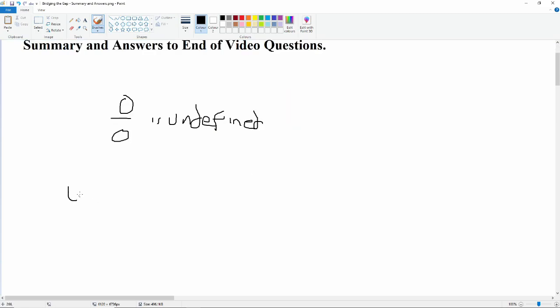But the limit as x approaches 0 of x over x is 1. And in the same way, the limit as x approaches 0 of 2x over x is 2. And 3x over x is 3. And ax over x is a.